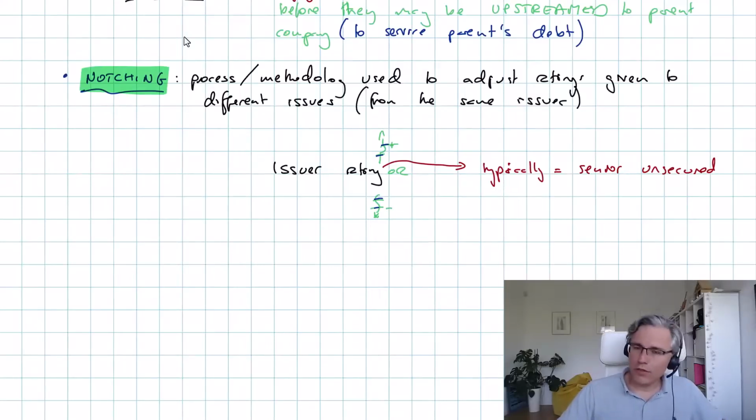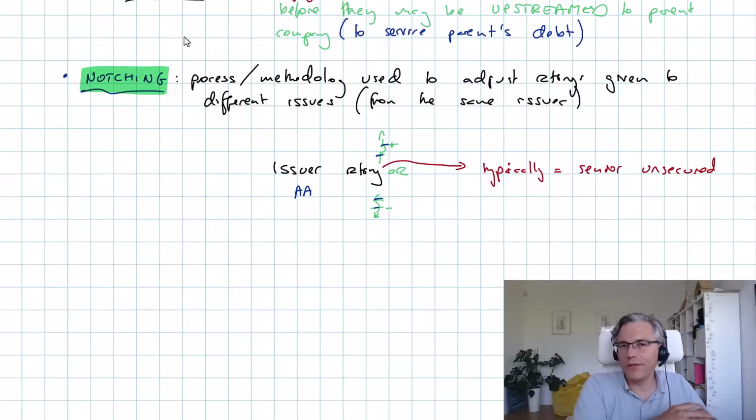So if the issuer rating is pretty good, like AA, signaling a pretty low probability of default, the fact that you're going to have some bonds being secured, other bonds from the same issuer unsecured, and the collateral being different here or subordinated, etc., will not matter so much because the probability of default is fairly remote.